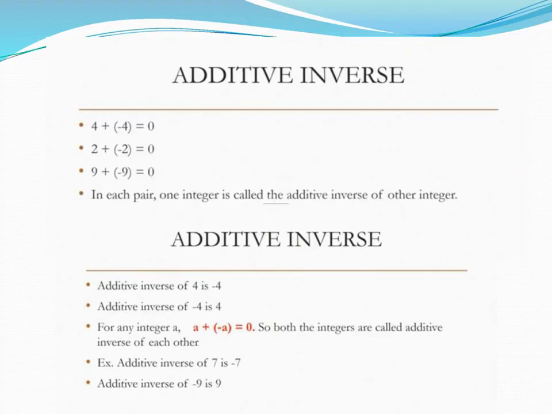For any integer a, a plus minus a equals 0, so both integers are called additive inverses of each other. Another example, the additive inverse of 7 is minus 7. The additive inverse of minus 9 is 9. What is the additive inverse of 100? Yes, minus 100.